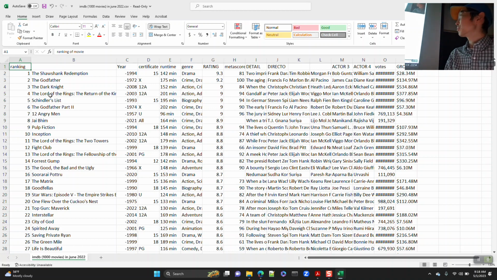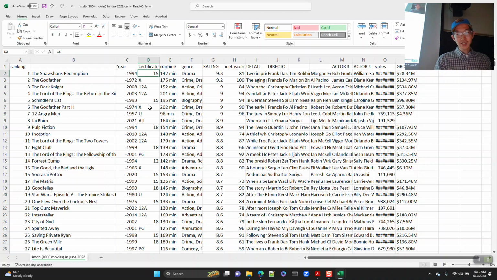So we have ranking. Here's the ranking: The Shawshank Redemption, and the year the movie was made. Certificate is kind of the rating, and this is a little bit of a weird thing because there are different rating agencies. For Europe they'll say this age and up, and in the US you have G, PG, PG-13, and R, and other parts of the world have different rating systems.